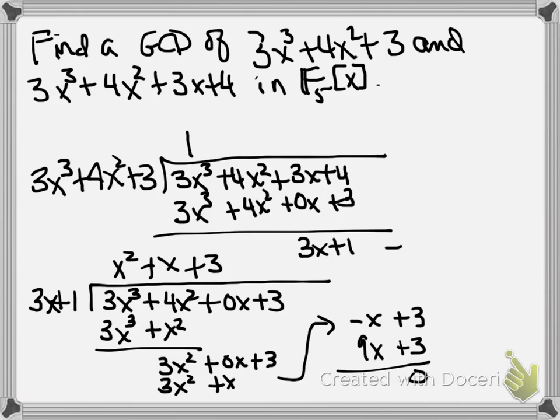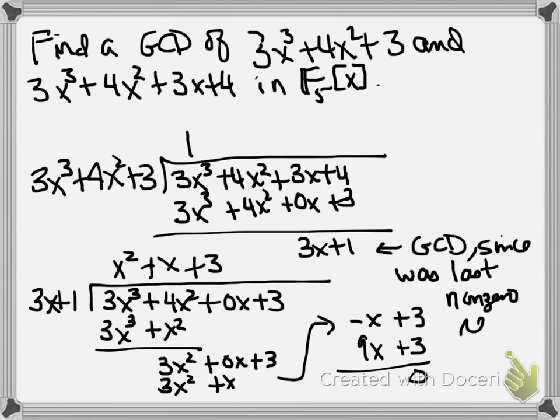As soon as we have a remainder of 0, we go back and look at our last non-zero remainder, and that is a GCD. So a greatest common divisor here is 3x plus 1.